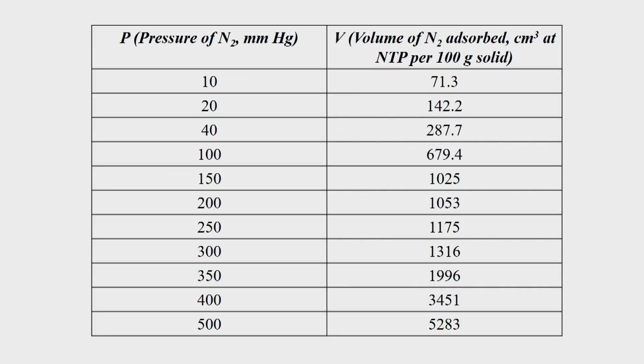For that, the pressure as well as the volume are given. Suppose the pressure is 10 millimeter mercury, then the volume is 71.3 centimeter cube per 100 gram solid. That way, up to 500 millimeter mercury pressure, the volume is given.